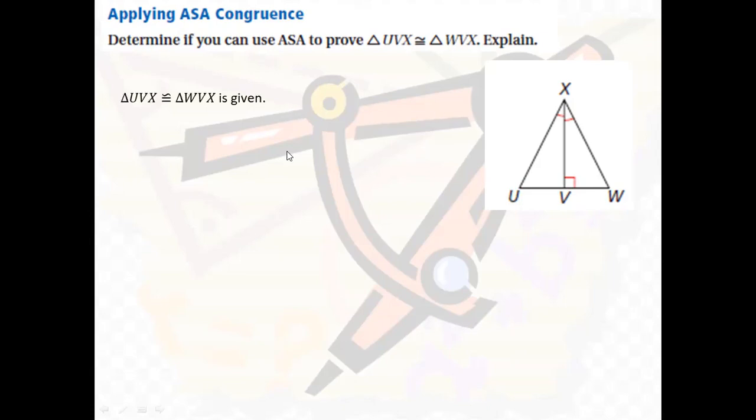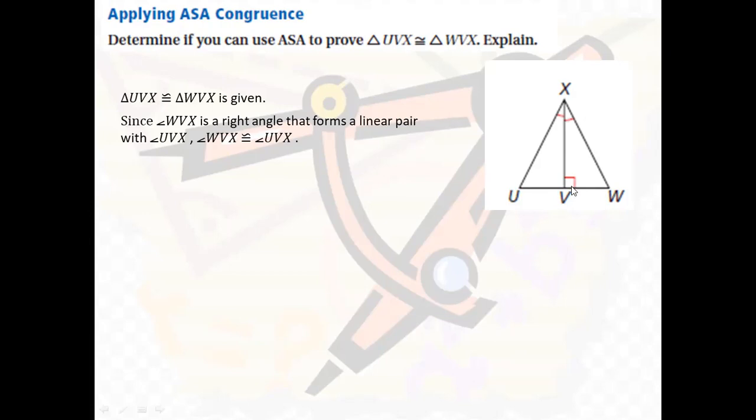We always start by using the information which they have given. So the information given is that triangle UVX is congruent to triangle WVX, and this is already given too: angle UXV is equal to WXV.